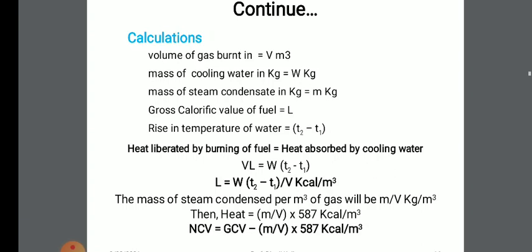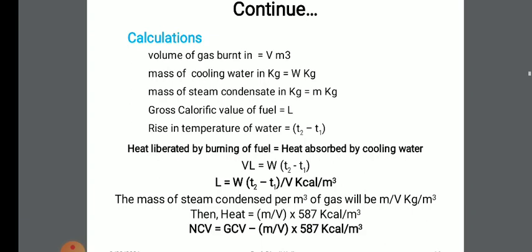We consider that there is no heat loss, so heat liberated by burning of fuel is equal to heat absorbed by the cooling water, according to the principle of this calorimeter. So we get the equation VL equals W multiplied by (T2 minus T1). The GCV, capital L, is equal to W multiplied by (T2 minus T1) divided by V. We get the GCV in the unit kilocalorie per cubic meter.